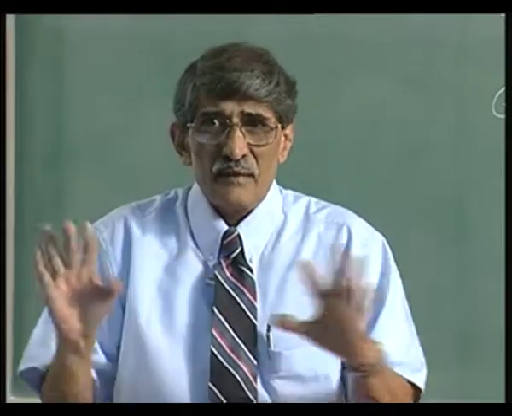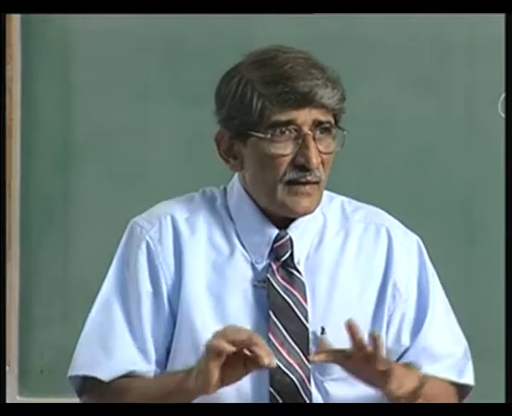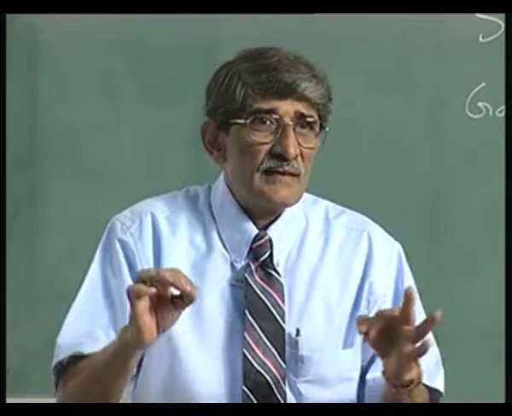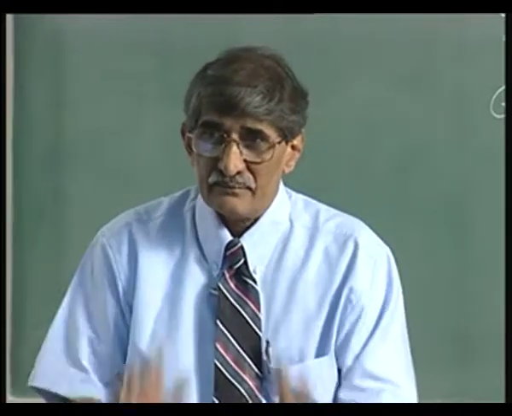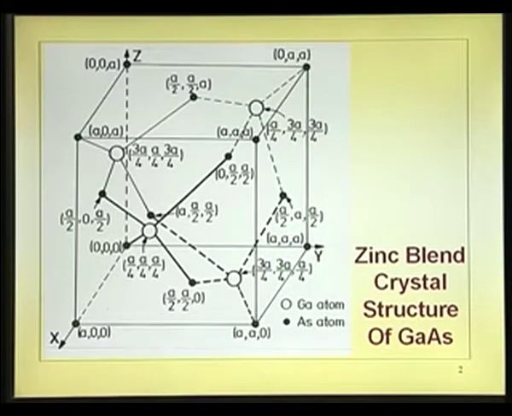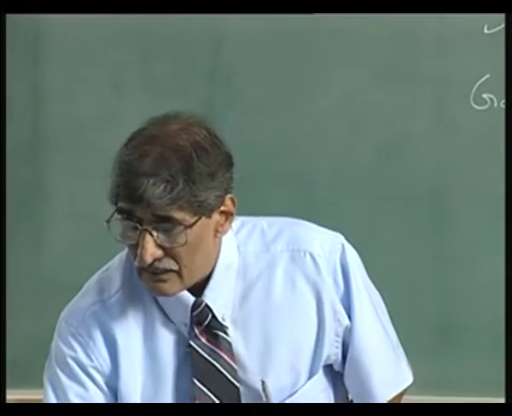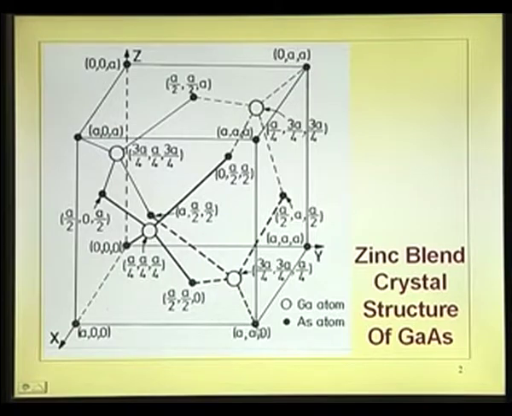You do not have to memorize the structure; all that you remember is arsenic atoms on all the corners and all the face centers, and 4 gallium atoms inside. Each one is located at a by 4 from a corner. Moving diagonally opposite on the same plane, the coordinate turns out to be 3a by 4, and with respect to the xy plane it is a by 4 raised.